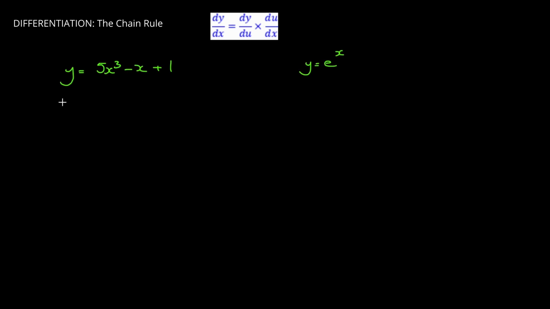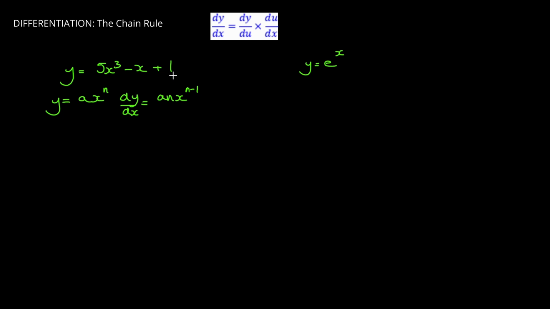And our rule for differentiation is this: if y is equal to ax to the n, to differentiate this, we bring the n down and multiply it by the a, and then reduce the power of x by 1. So we get dy dx is equal to anx to the n minus 1.